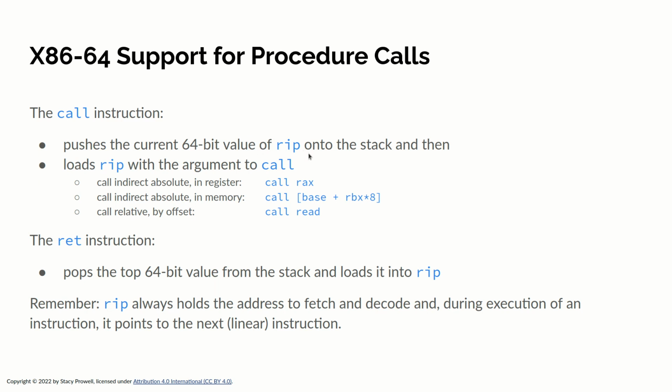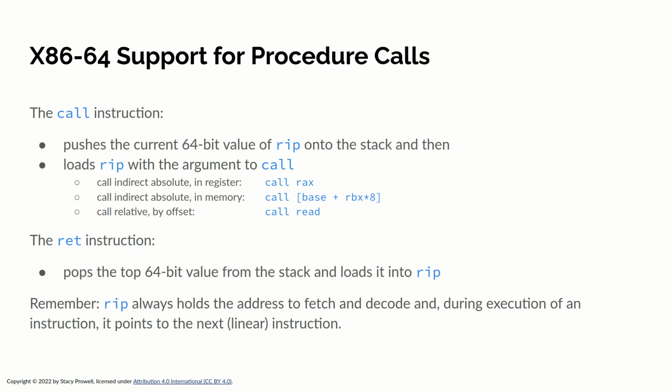That's pointing to the next instruction to execute. It pushes that on the stack, and then it loads RIP with the argument to call. So call is basically a fancy way of saying push RIP and then move a value into RIP.